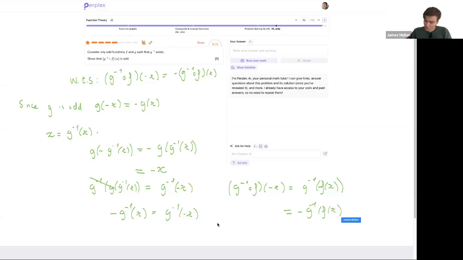Okay? Which means I have shown what I wanted to show, that if I take g negative 1 and compose it with f and plug in negative x, I get negative what I wanted. So that means that g negative 1 of f of minus x is equal to negative g minus 1 of f of x. Okay, I know that's a little confusing.